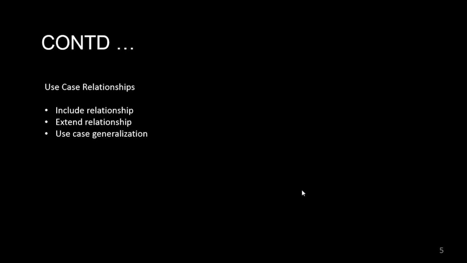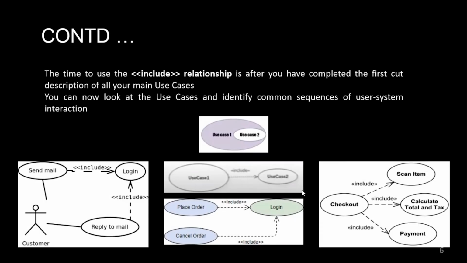Now, there are three types of relationship that exist among use cases: include relationship, extend relationship, and use case generalization. Starting with the include relationship, I use it to show the common behavior that is shared by multiple use cases.